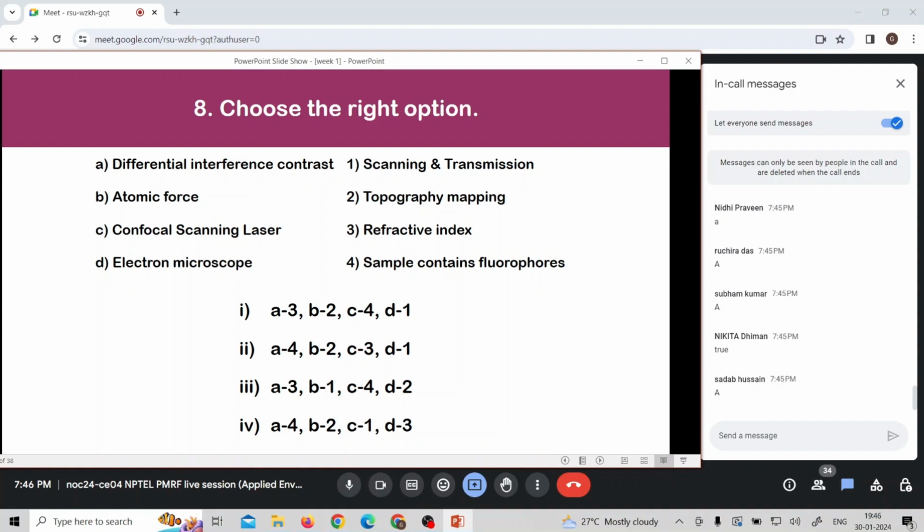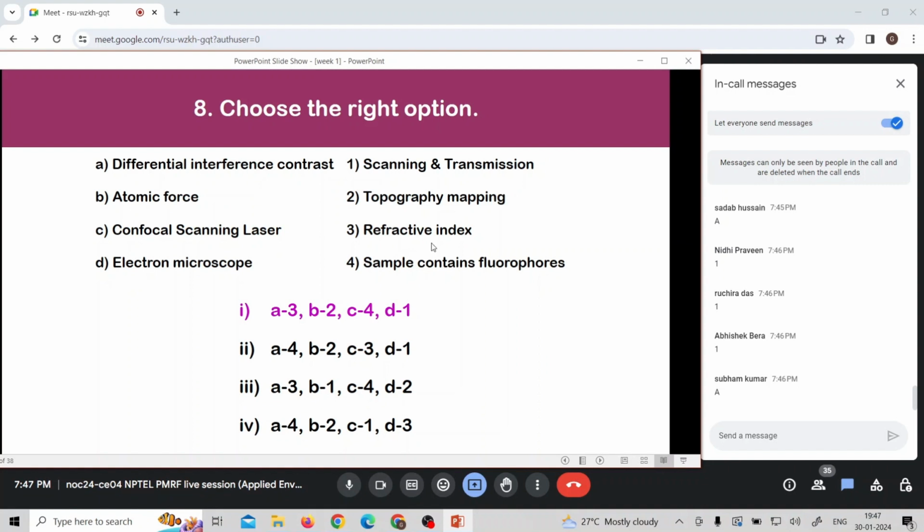As most of you have answered right, the first option is right. The differential interference contrast microscopy basically works based on the refractive index difference.